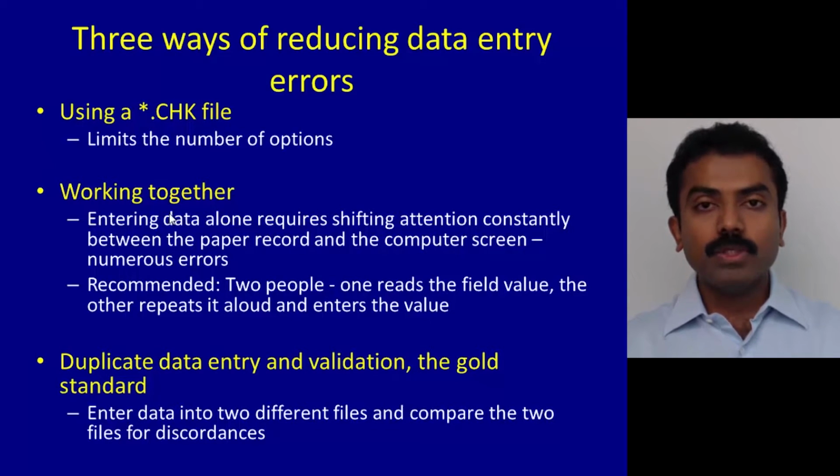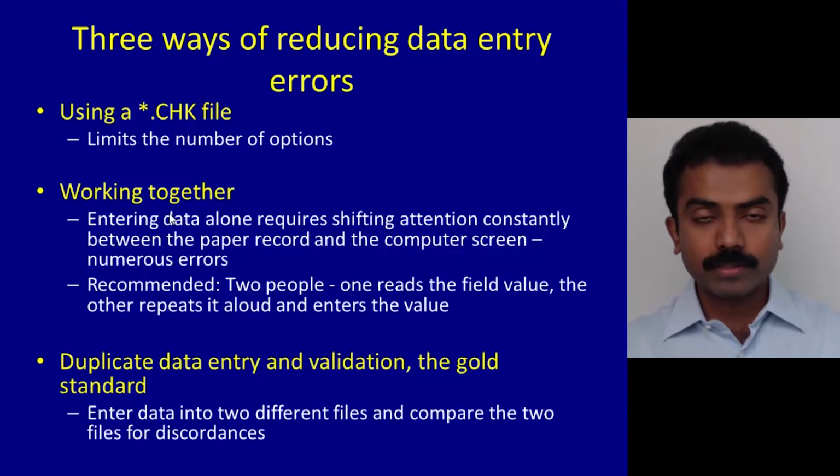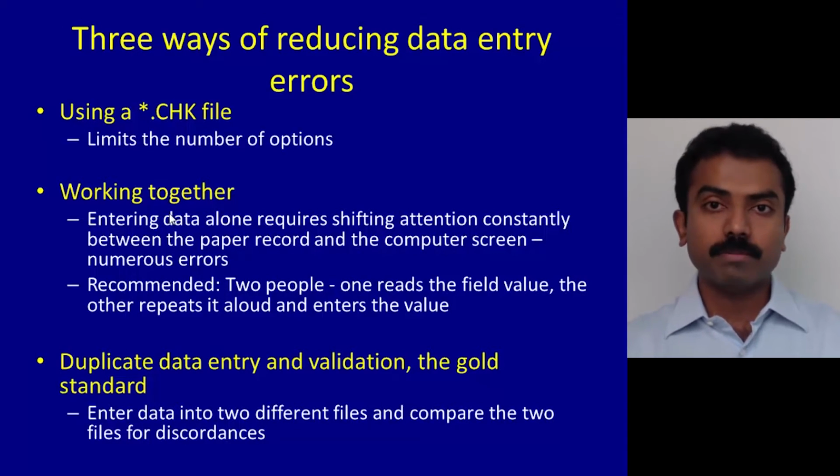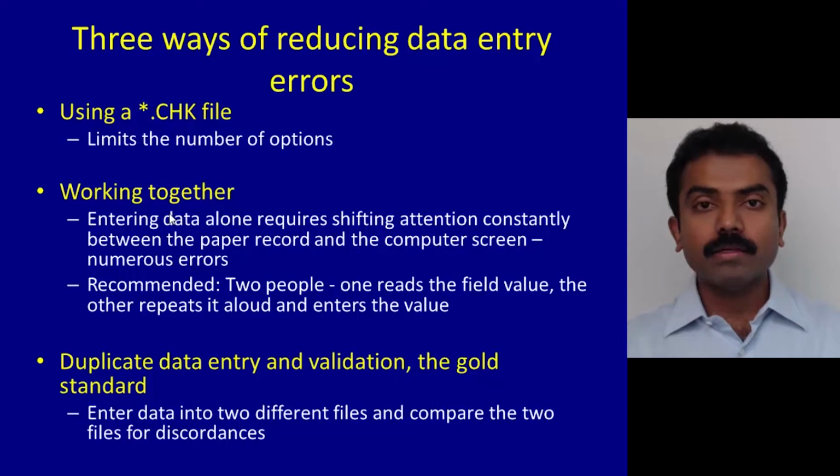This means two independent data entry operators enter the data twice in two different files, and then you compare the two files, validate the two files, and list all the discordances or discrepancies between them, and then create a final file which is a copy of one of these two files and correct all these discordances or errors by referring to the original data source. That is what we mean by double data entry and validation.